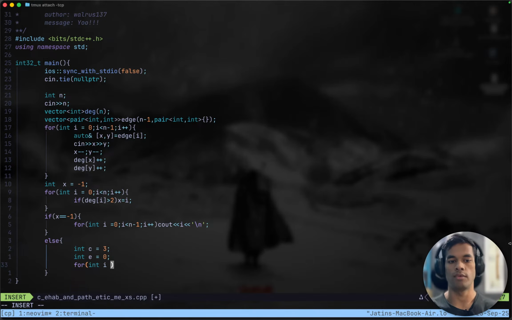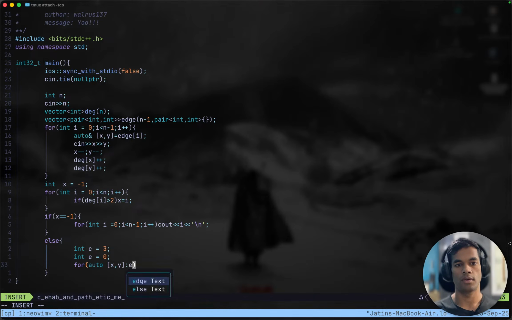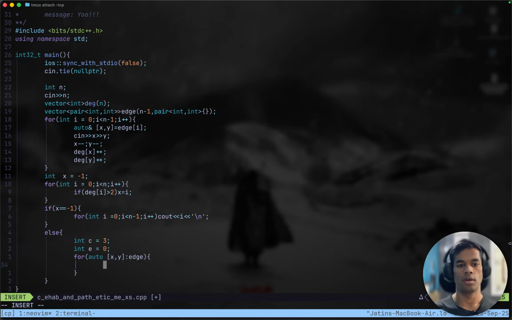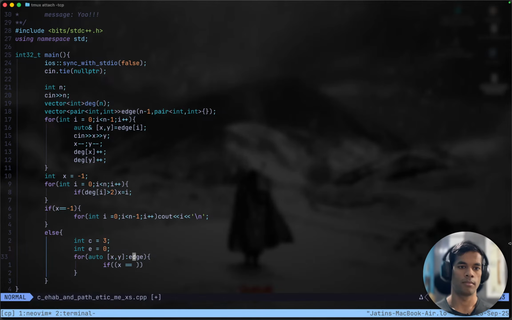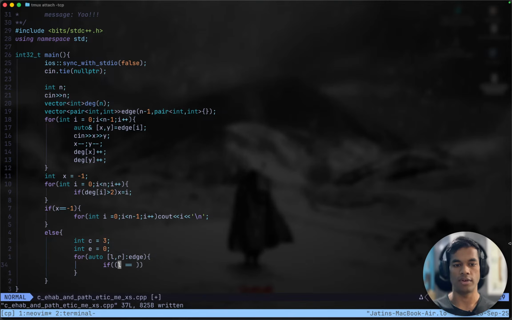So now we will go through all the edges, for which we can do for auto x comma y in edge. Let's say L and R, as in left and right.